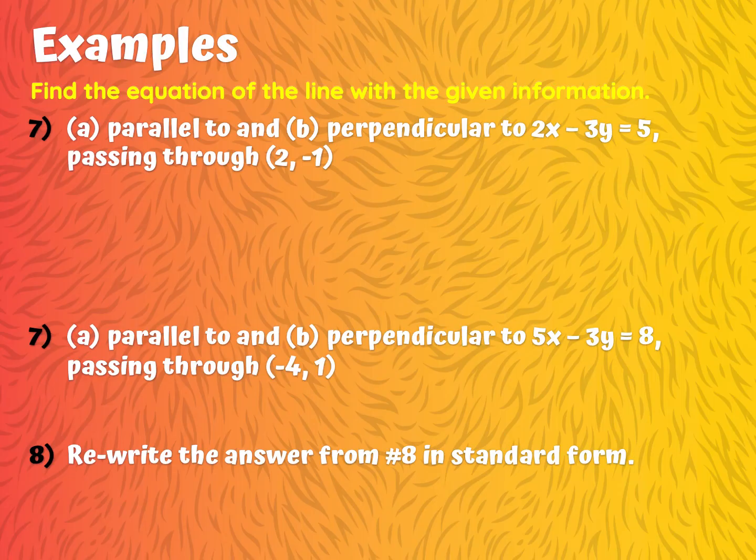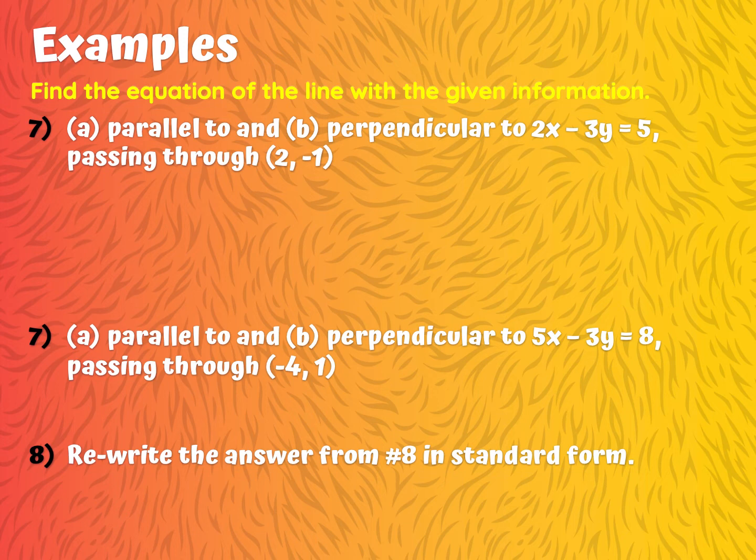All right, so for this question, it says, find the equation of the line with the given information. They want both a parallel line and a perpendicular line. And they are giving us a specific ordered pair that they want it to go through. So the first thing I need to do is rearrange this equation that they gave me into slope-intercept form so I can find the slope.